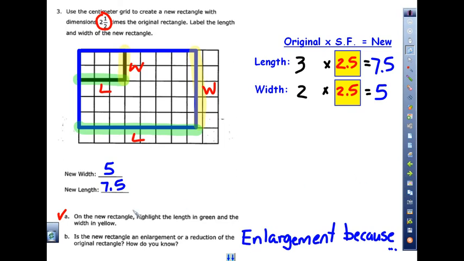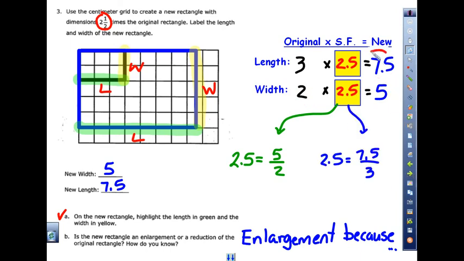Is the new rectangle an enlargement or a reduction? How do you know? It's an enlargement because... why? Okay, one other thing I wanted you to notice. Right here, if I take my new length and divide by my original length, I get my scale factor.